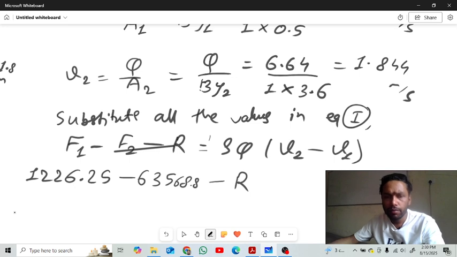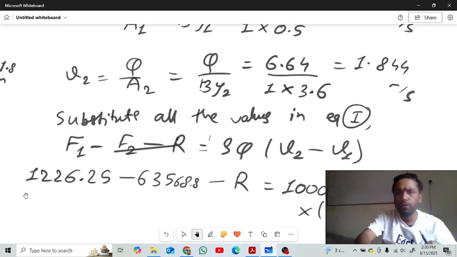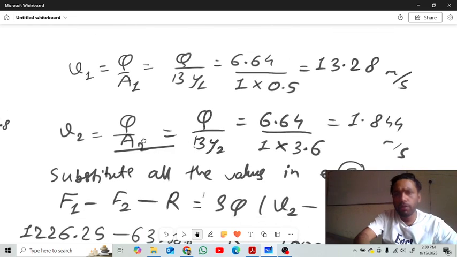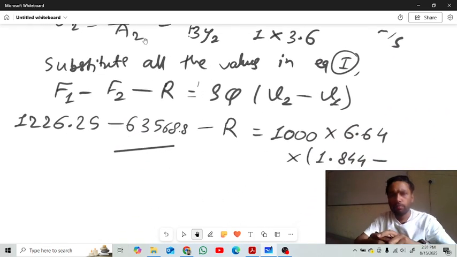Minus R is equal to rho, which is 1000, and Q is 6.64, into V2, which is 1.844, minus V1, which is 13.28.